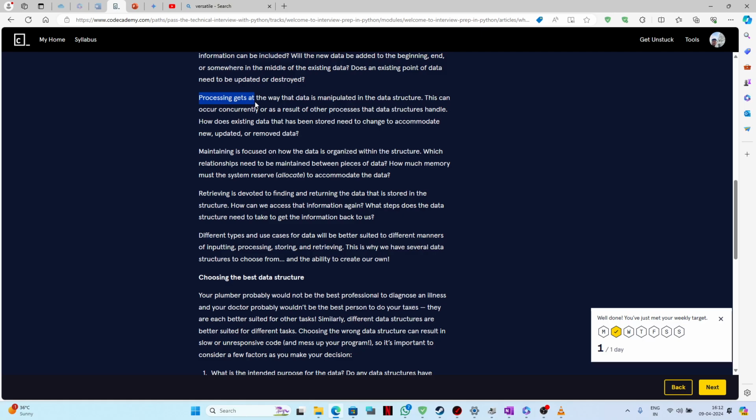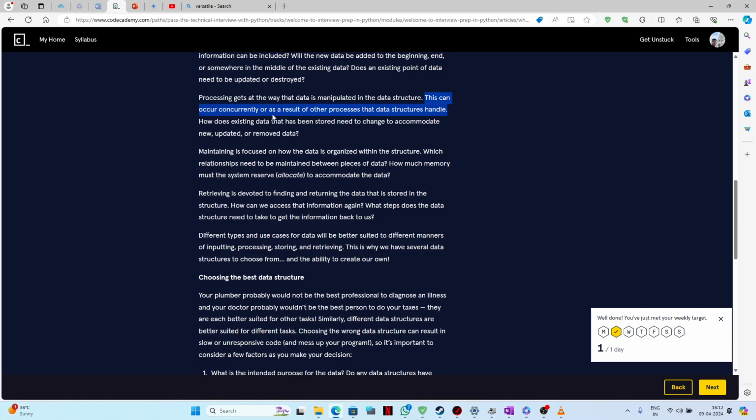Processing gets at the way that data is manipulated in the data structure. In a data structure, we are manipulating data.